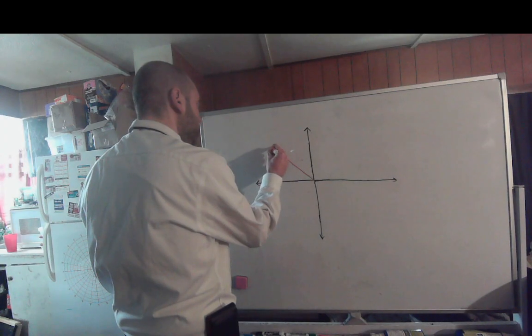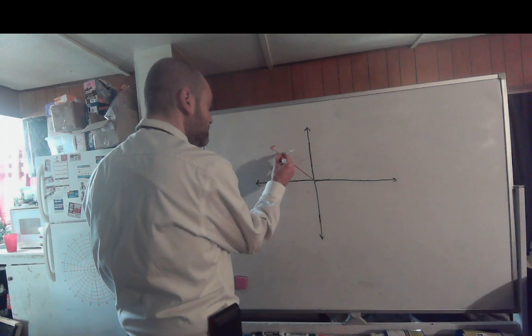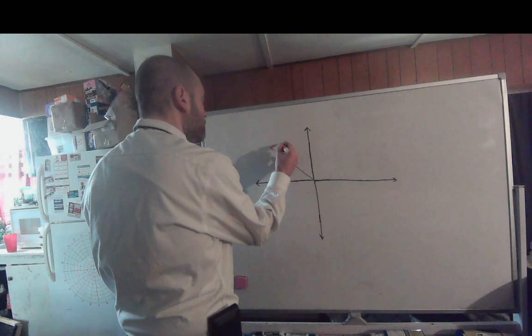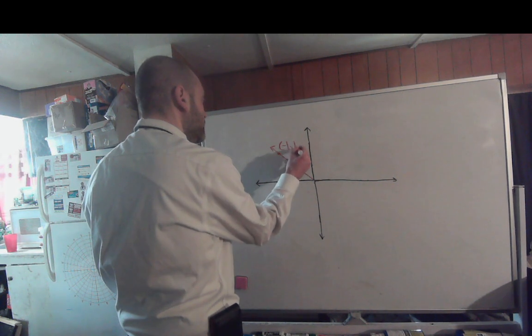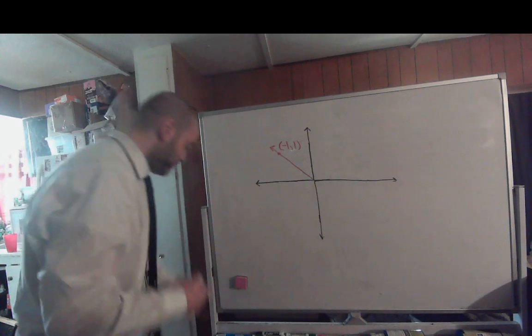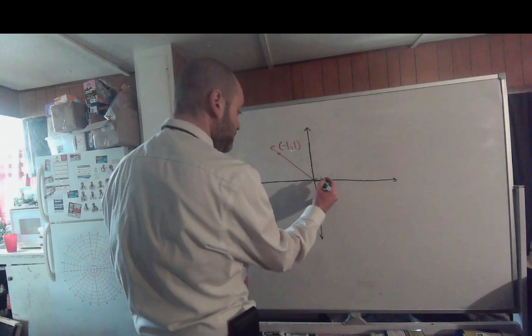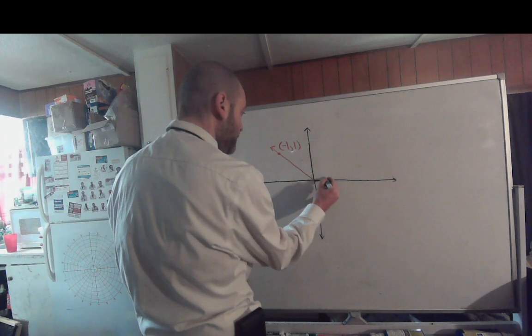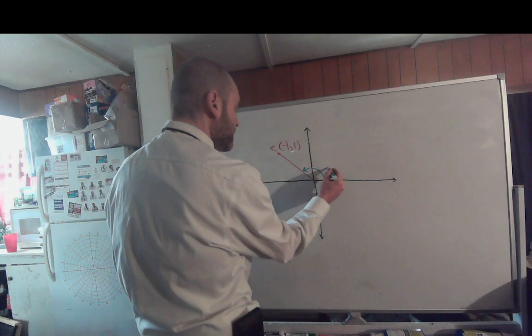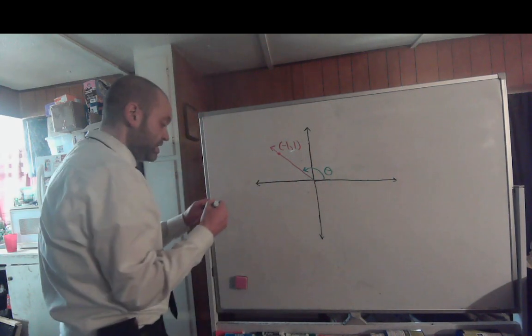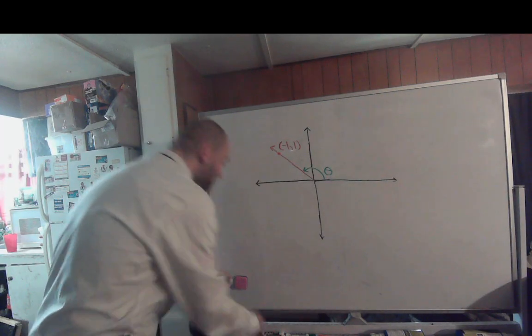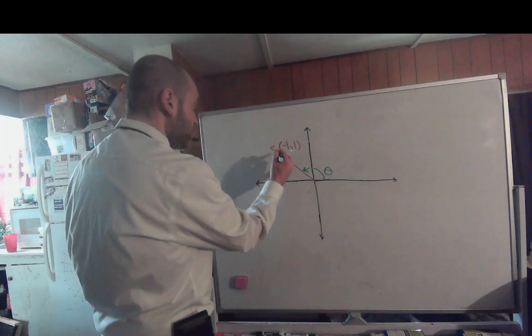I'm probably way overdrawing this, but we have a coordinate of negative 1, 1. So this time on the radius, on the terminal side of the angle, we have a coordinate of negative 1, 1 for our theta. Well, let's go ahead and set up a right triangle.